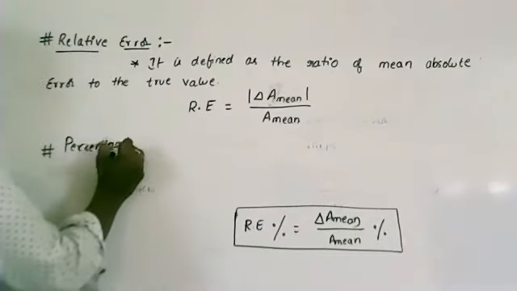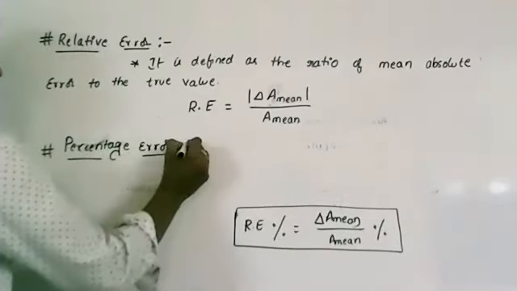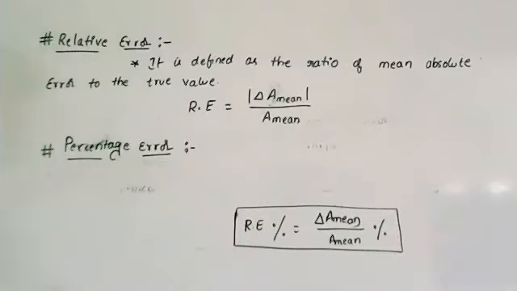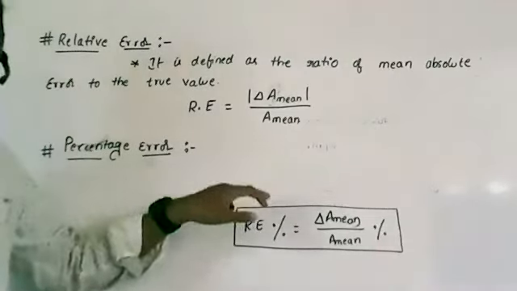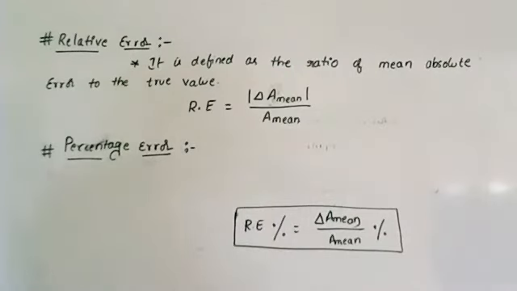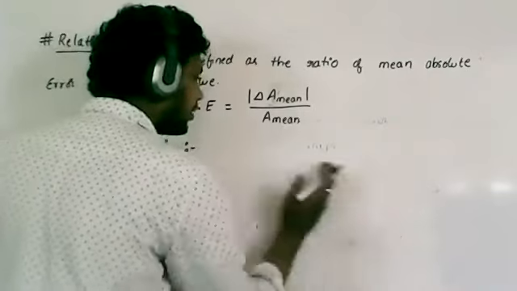So what do you mean by percentage error? The percentage error is nothing but if you multiply relative error with 100% or percentage, that is called as percentage error.